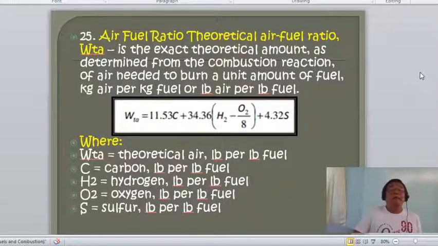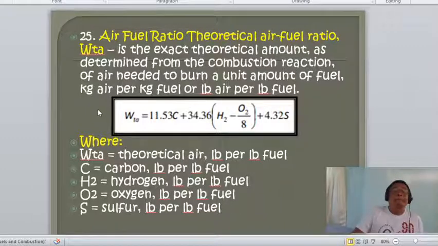So, we have now here the theoretical air-fuel ratio. Take note, determining the theoretical air-fuel ratio if the ultimate analysis of the fuel is known.